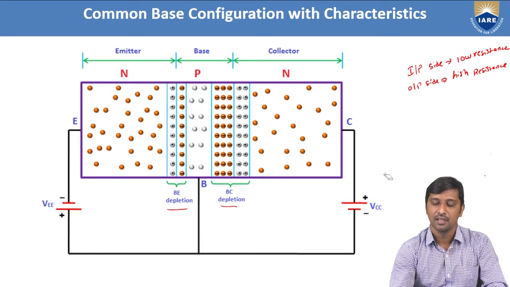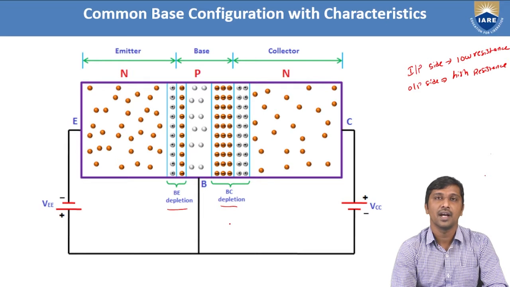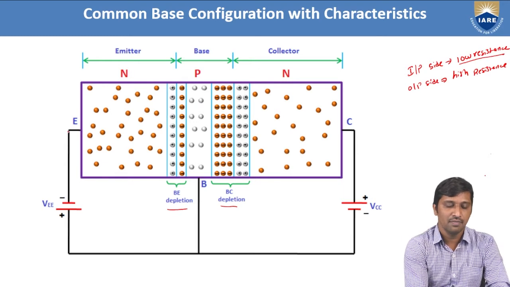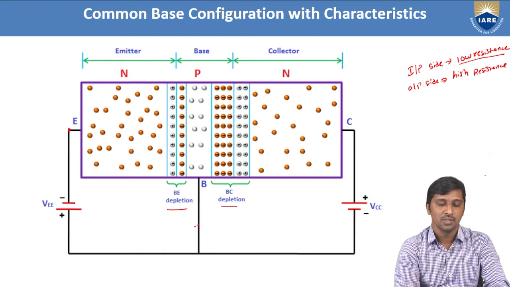By using these two phenomena of diode operation, I am going to show how the transistor transfers the signal from the low resistance input circuit to the high resistance output circuit. To satisfy this condition, on the input side we need to make a low resistance circuit. So between the emitter and the base junction, let us take this is the emitter and this is the base junction, we need to offer a very small forward resistance.